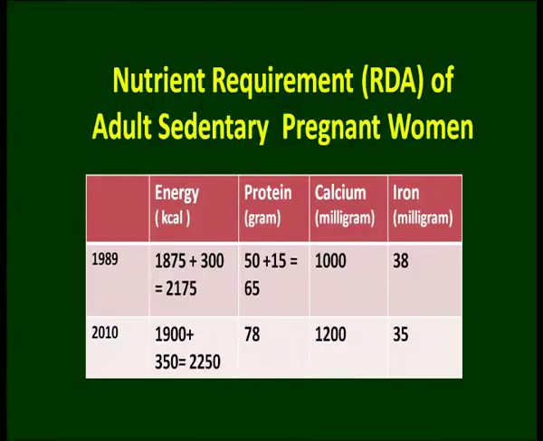There is also an increase in other nutrient requirements. So, 78 grams of protein, 1200 milligrams of calcium and 35 milligrams of iron are required for sedentary pregnant women. When we are talking about moderate pregnant women, only the calorie difference will be there, the rest of the requirement will be similar. The same is the case with heavy pregnant women. We are also talking about lactating women.